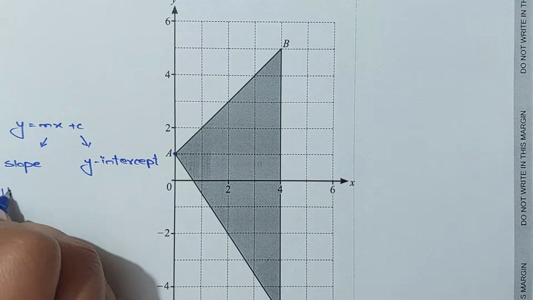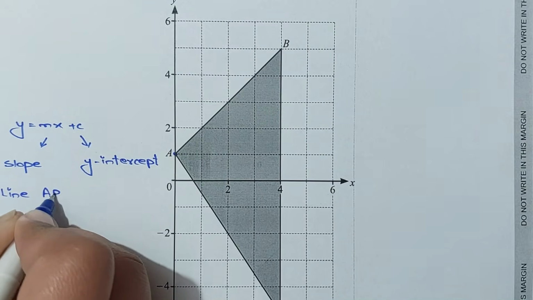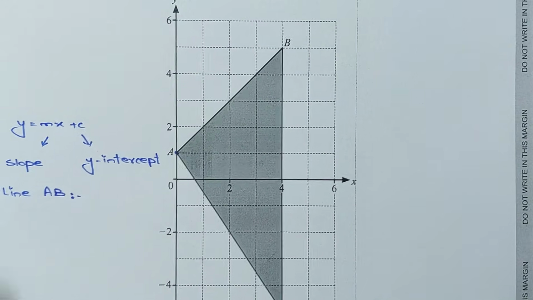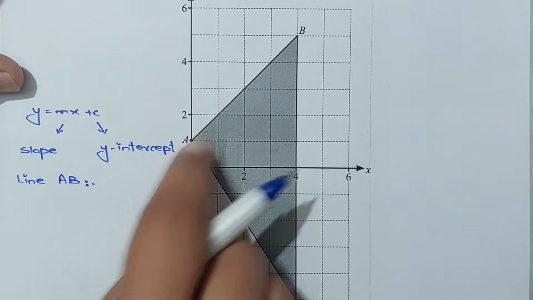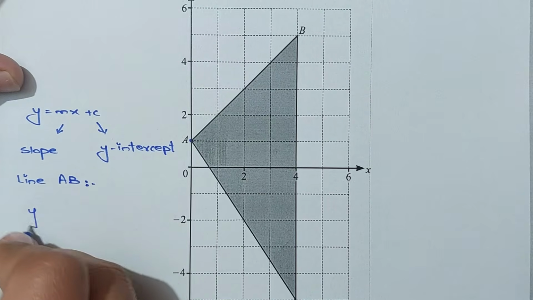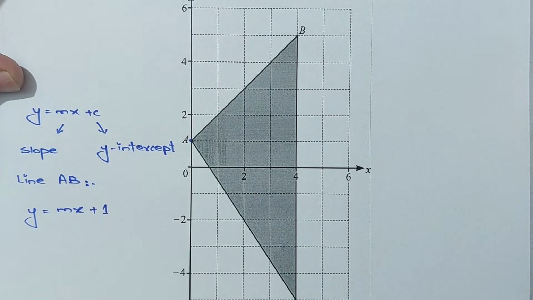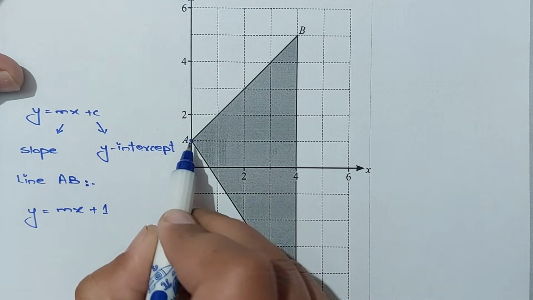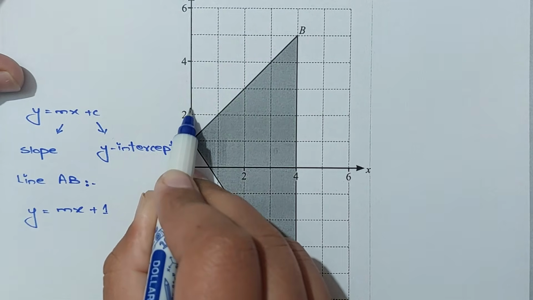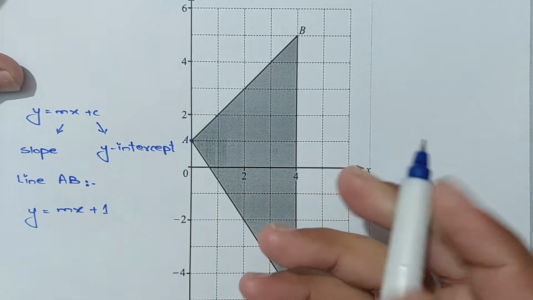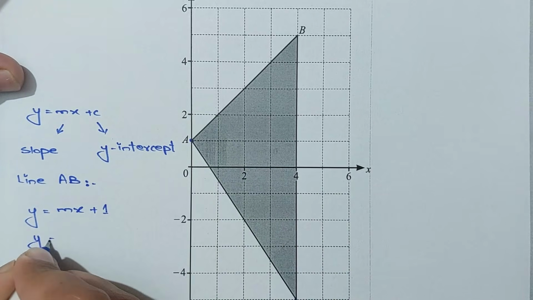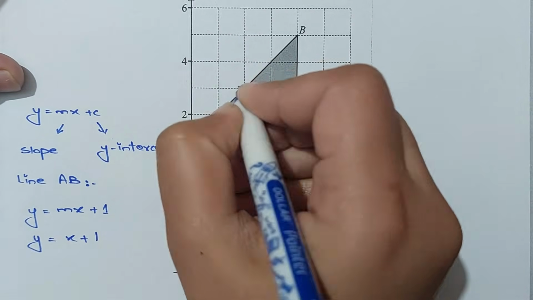The y-intercept you can see is 1. So y equals mx plus 1, and the slope is rise over run. So 1 unit rise and 1 unit run. So the slope is just 1. So y is x plus 1. This is the equation for this line.